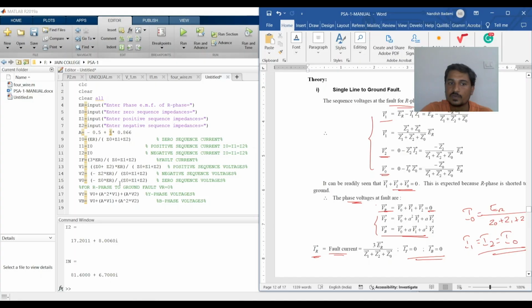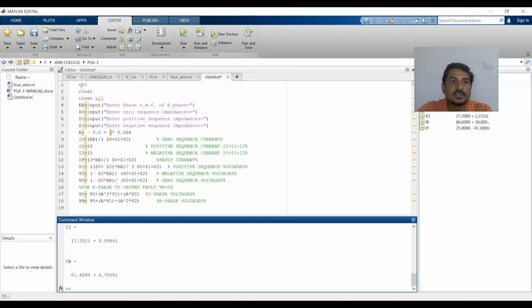The faulty voltages for the phase values are as we have already mentioned: the R phase voltage will be equal to 0 as it is grounded, and the other two values are mentioned here. If you want to execute the program, let us take an example. Before that, CLC is to clear the console. This is the console. If you write CLC, here we can see the previous video values are already there.